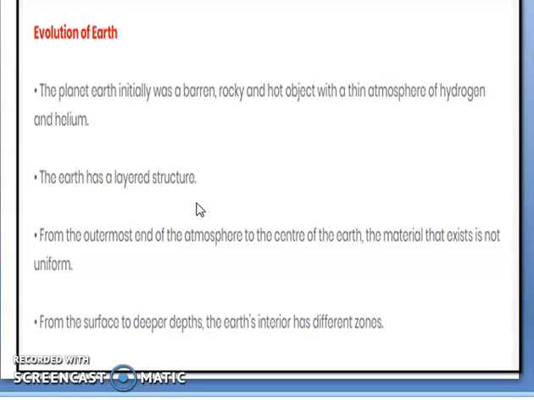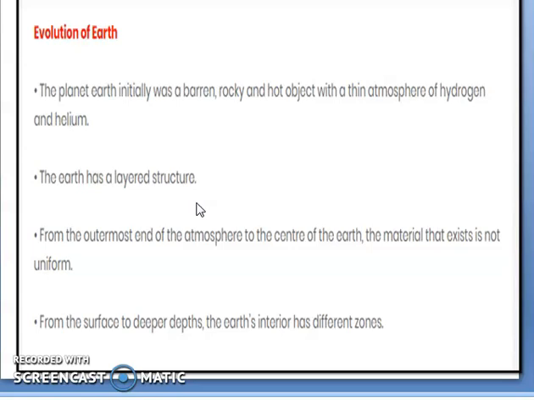Now, in case of the Earth, we all know that the Earth has a layered structure. The outermost part of the Earth is the atmosphere, and from the outermost end of the atmosphere to the center of the Earth, that means the core. The material that exists in the entire Earth, from the atmosphere, hydrosphere and lithosphere, is not uniform.